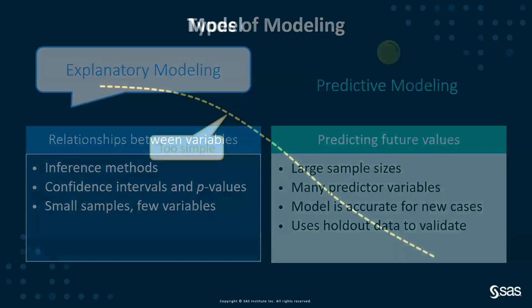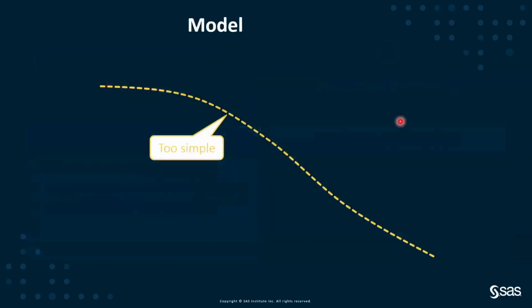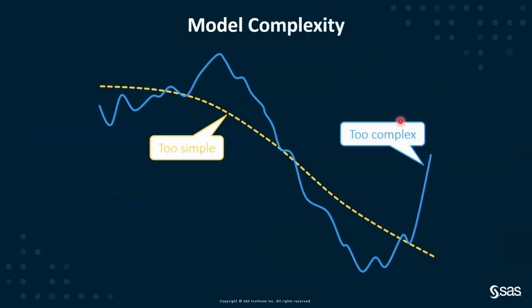Now, we could have a model which is too simple, or a model which might be too complex. Neither of these will work. So what we do is take a slice out of the training data, or it could be separate data which is similar in characteristics to the population, and we run a series of models to find out what is the best fit model.